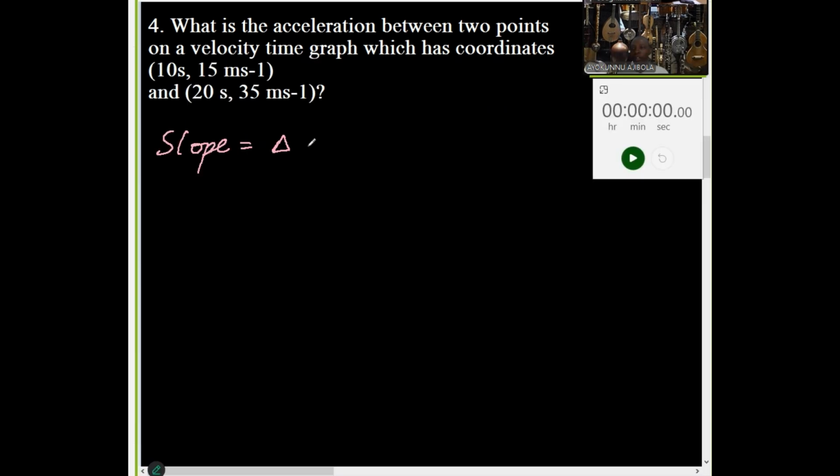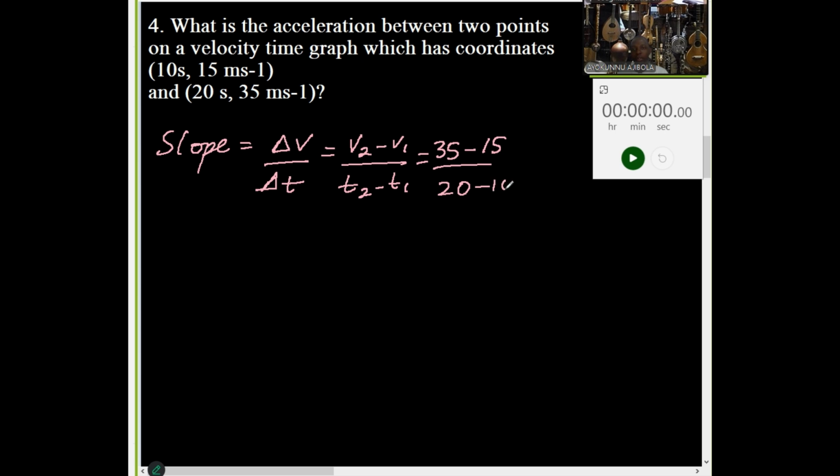This is changing the velocity over changing time, which is v2 minus v1 over t2 minus t1. And your v2 is 35. 35 minus 15 over 20 seconds minus 10 seconds.